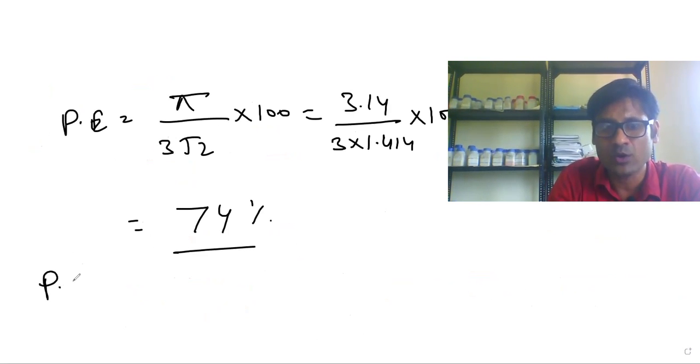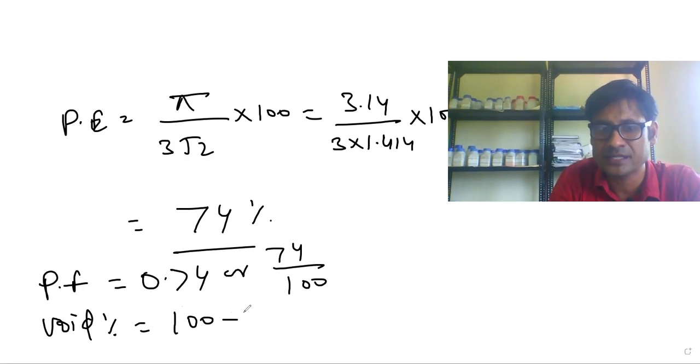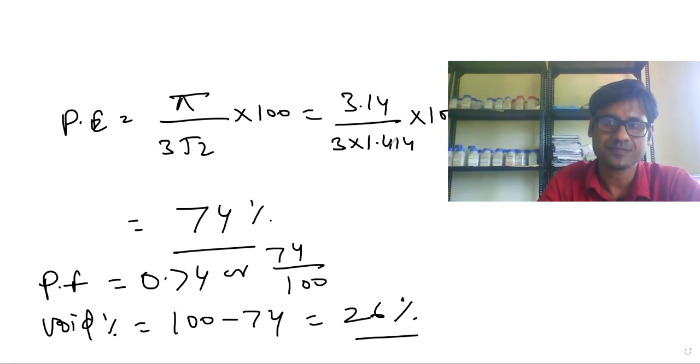And the packing fraction is equal to 0.74, means 74 divided by 100, and void percentage is equal to 100 minus 74, means 26% is the answer.